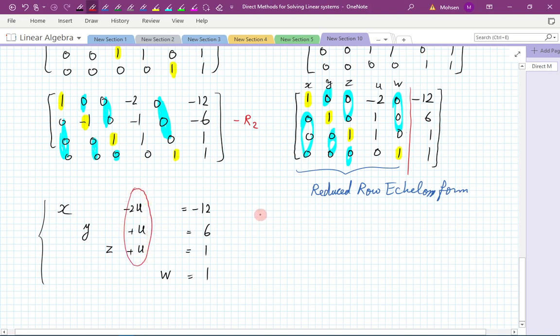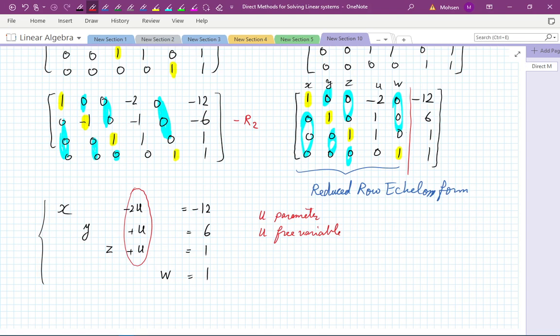We call u a parameter, sometimes we refer to it as a free variable. Free in the sense that this value u can be any number it wants to be, and then x, y, z are going to be decided based on that.